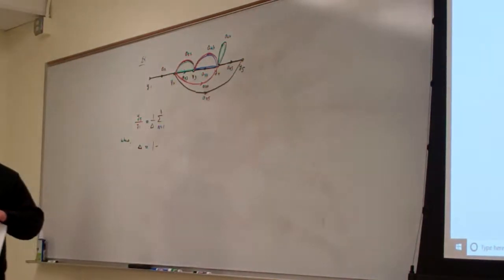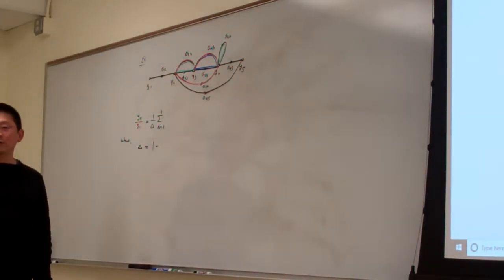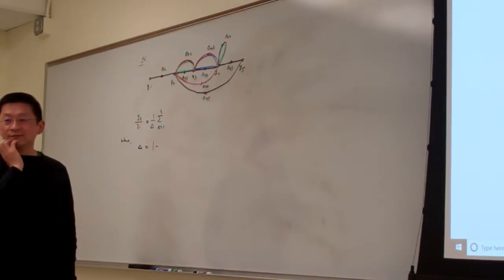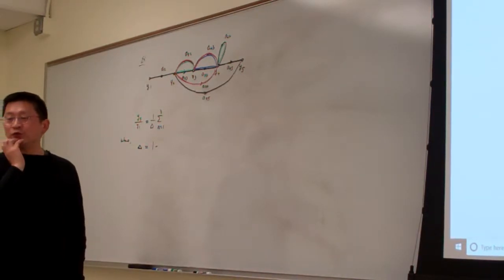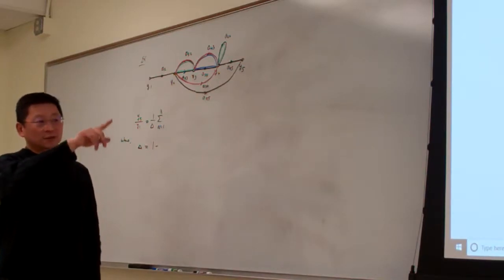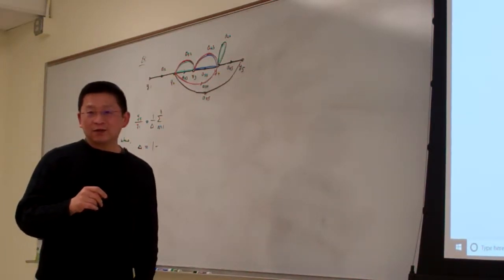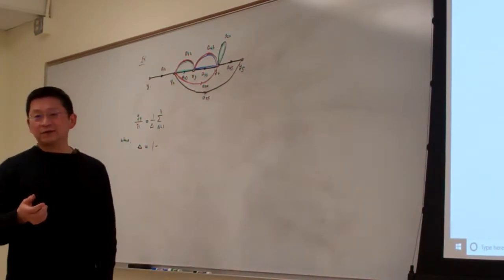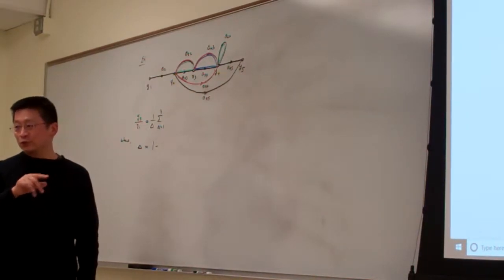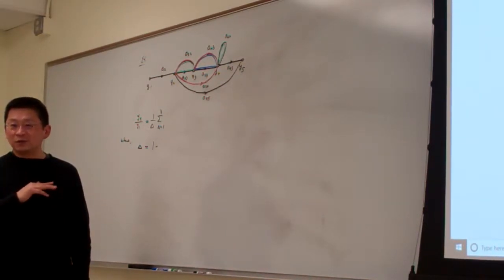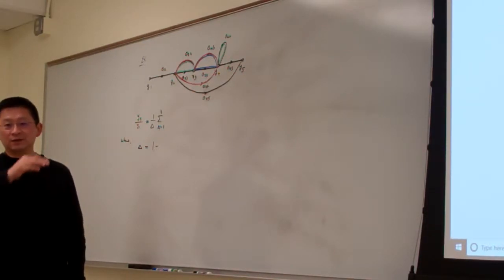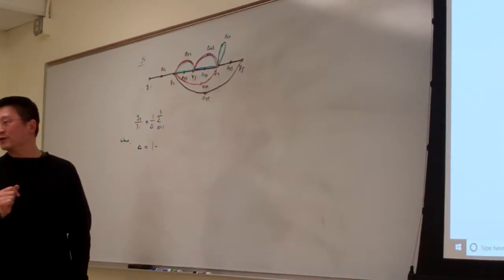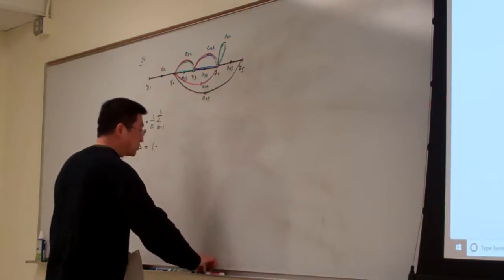Good. We have 4 loops identified here. The tricky part in applying the method is you have to try your best to identify all the possible loops. If you miss one, then you're going to miss out everything in the remaining. You good? Okay.